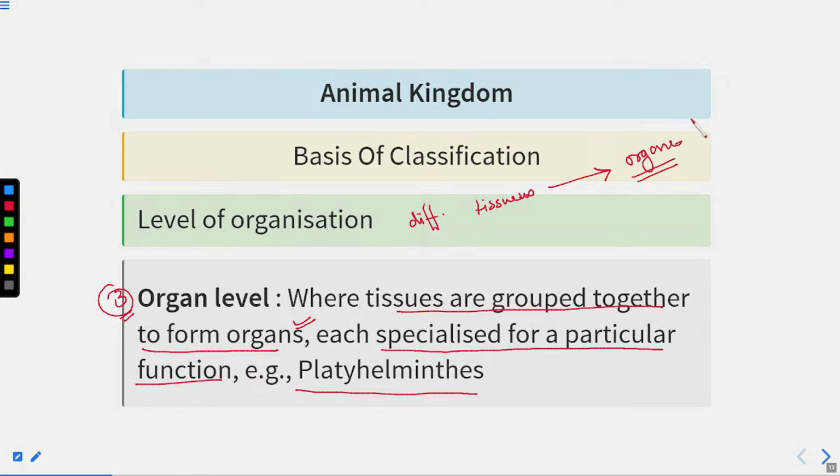So we have different organs for different functions, and this is the characteristic of the Platyhelminthes phylum. The individuals have organ level of organization.